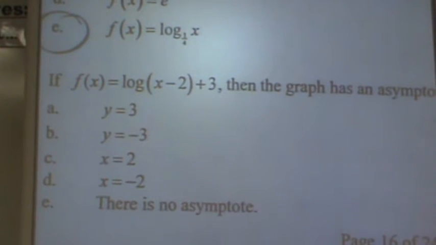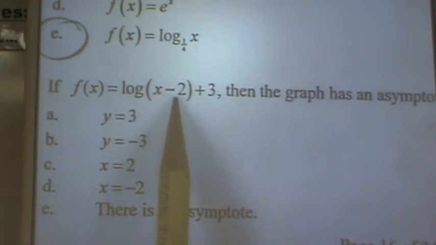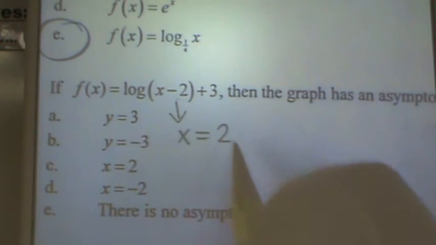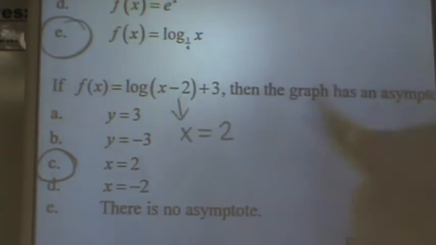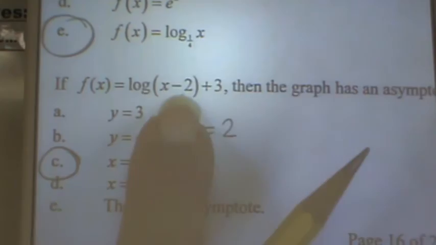For 66, for these log problems, you're going to have an asymptote. This is your asymptote right here. It's going to be x equals 2, and it's a vertical asymptote. X equals 2. It's what's inside here.